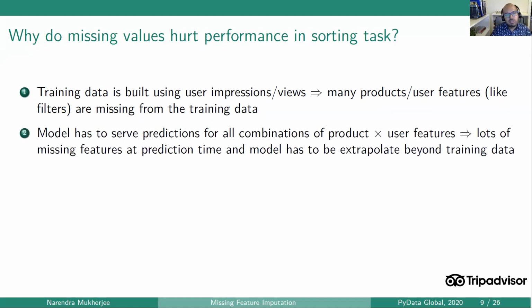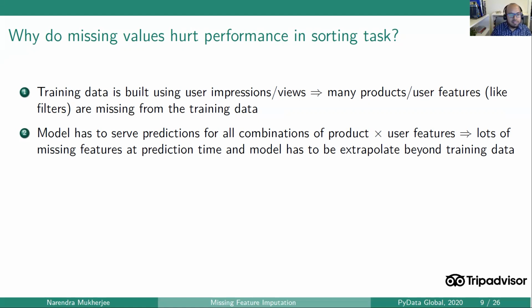And so the model has to serve predictions for all combinations of product user features, and many of those might be missing from our data. And so the model encounters a lot more missing values at prediction time than it is used to at training time. And the model has to extrapolate beyond the training data.